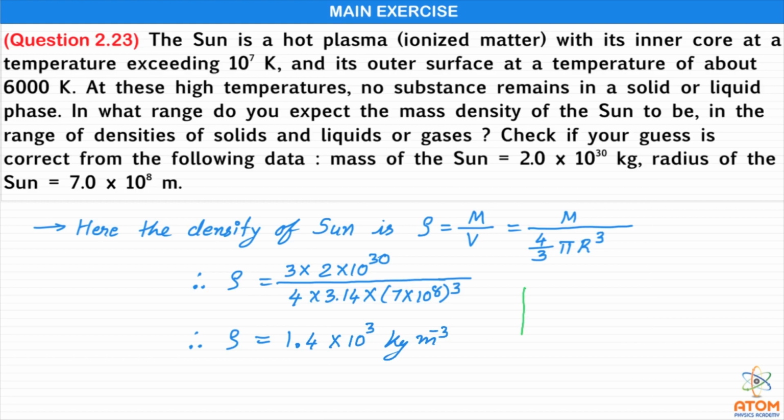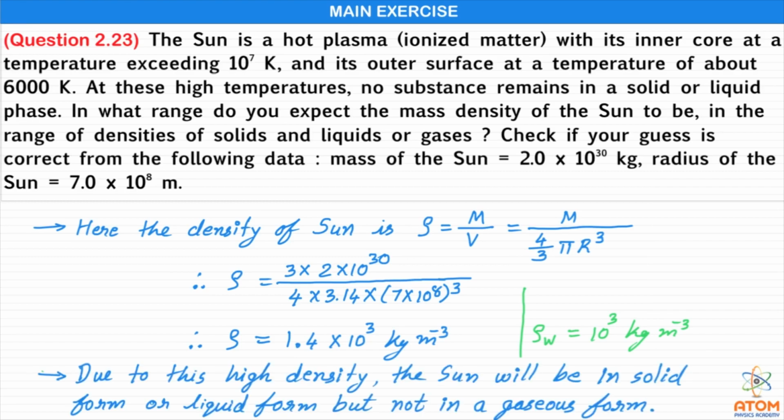Now here we need to notice one thing, that the density of water is 10 raised to 3 kilogram per meter cube, whereas here we are getting 1.4 into 10 raised to 3 kilogram per meter cube. So we can conclude that sun will be either in solid state or in liquid state, but with this density it cannot be in gaseous form.